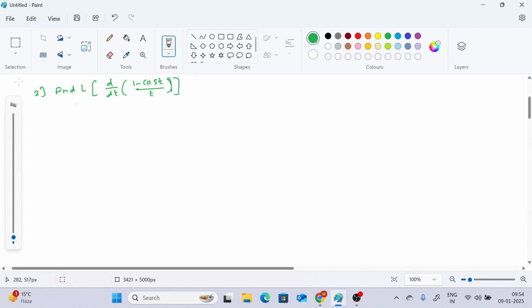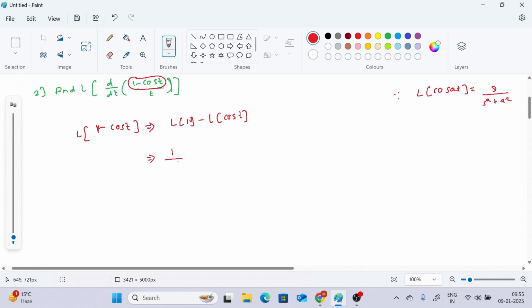So first, what can I do here? First, I'm going to find the Laplace for this term, Laplace of 1 minus cos t. That is Laplace of 1 minus Laplace of cos t. We have one formula: Laplace of cos t is s upon s square plus a square, here a is 1.